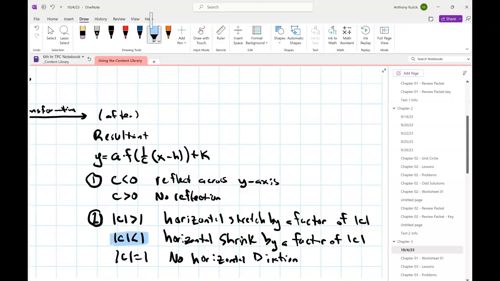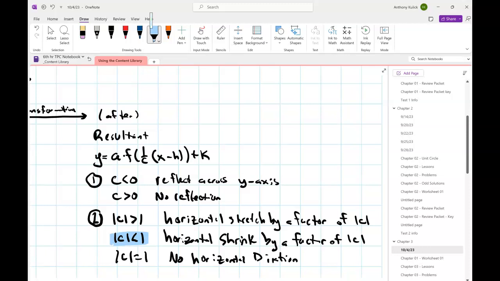Let's take an example here. Absolute value of c is less than 1. Give me a value of c where that's going to be true, other than 0. Nope. Absolute value of -2 is +2, and that's greater than 1. Yeah, absolute value of c is less than 1. Negative 0.25 would be an example, right?